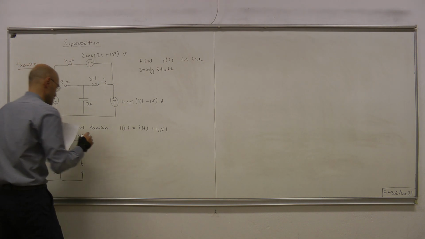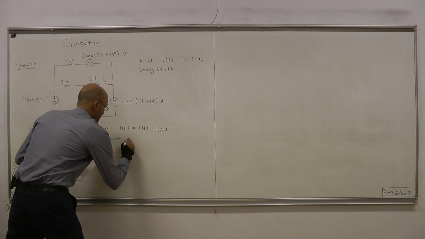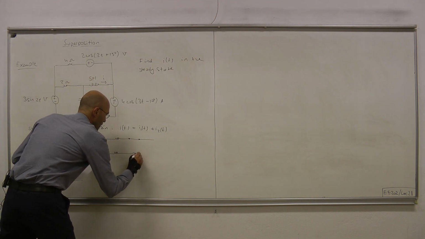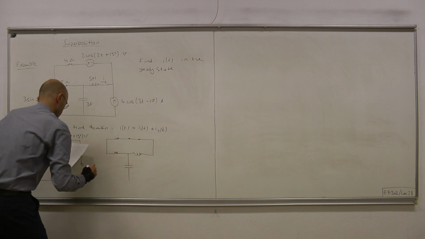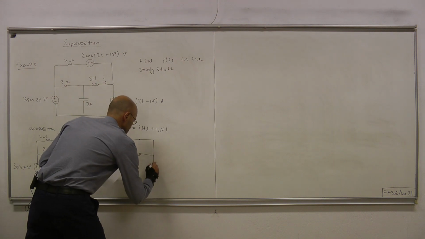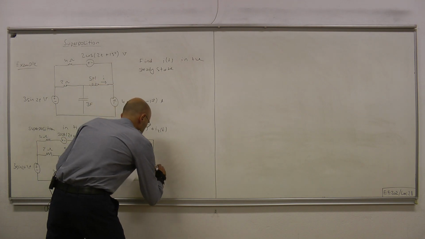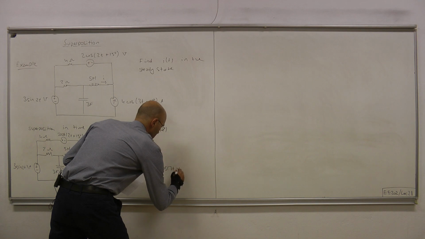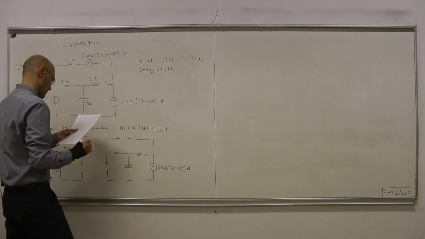If you do that, then this is what you obtain. Cosine 3t minus 10 degrees amps.